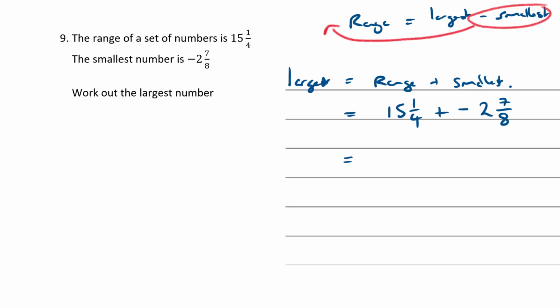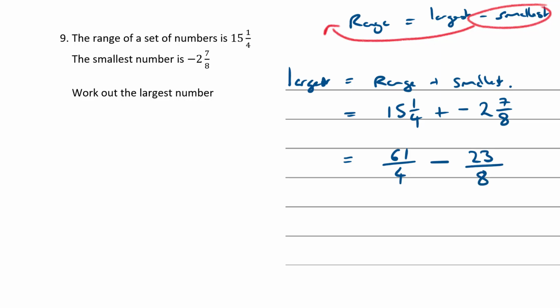I'm just going to write them as top-heavy fractions now as well. So 15 fours are 60, plus 1 is 61 quarters. So I've got 61 quarters minus 2 eighths are 16 plus 7 are 23, so 23 eighths.